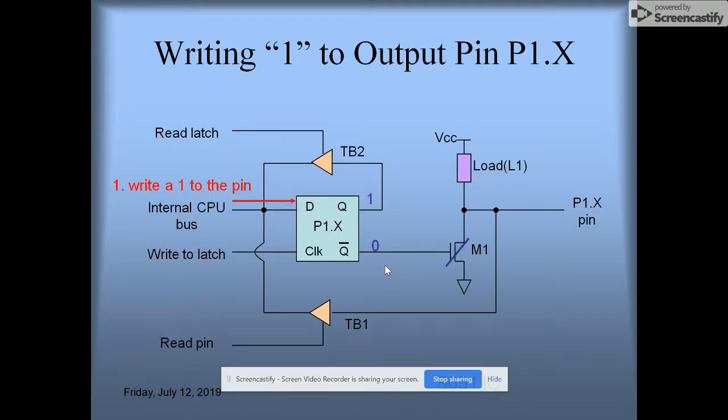This puts the transistor in the off state. There is an internal pull-up load inside the 8051 port 1 which will pull this pin to VCC, and the output will be 1 now. In this way we output zeros and 1 to the output port pins.